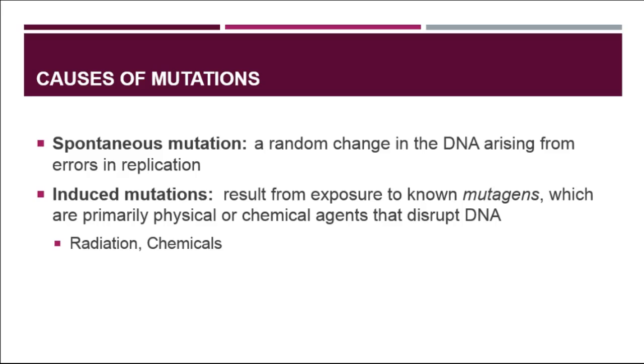Induced mutations create a change in that sequence when the DNA is exposed to certain physical or chemical agents like radiation or toxic chemicals. These are called mutagens, and they are substances that cause mutations.